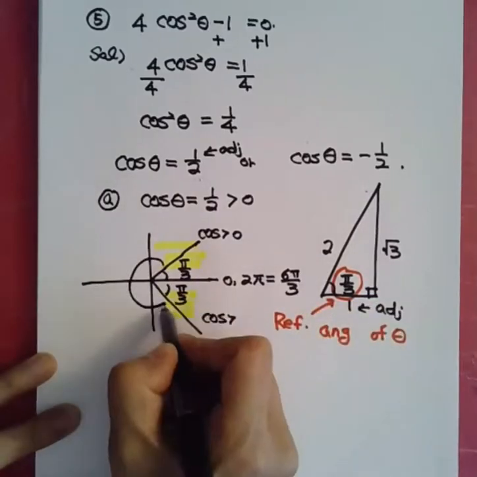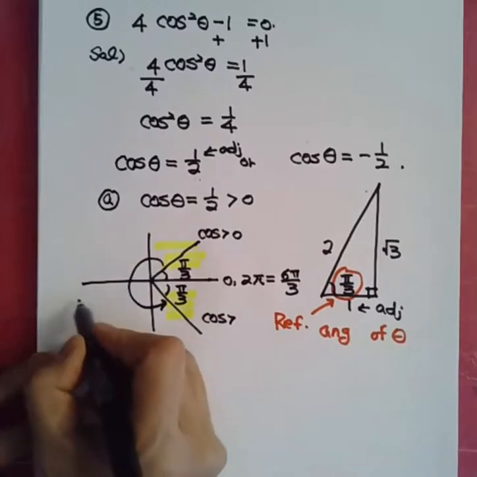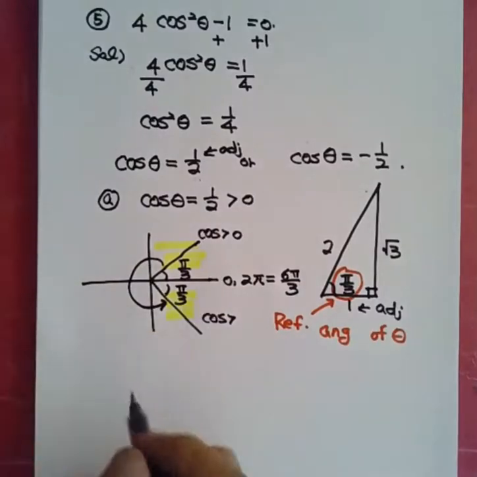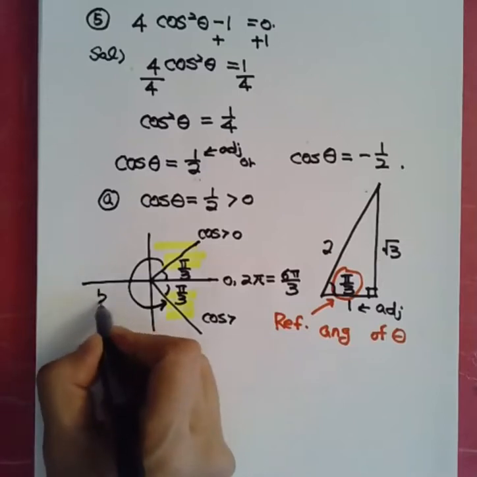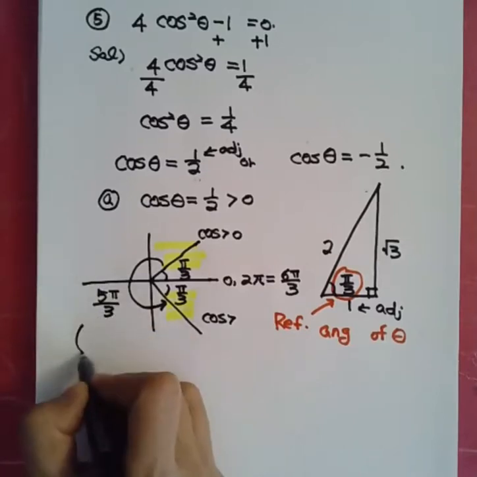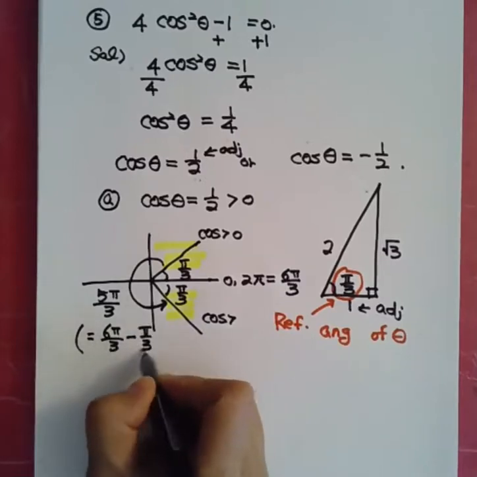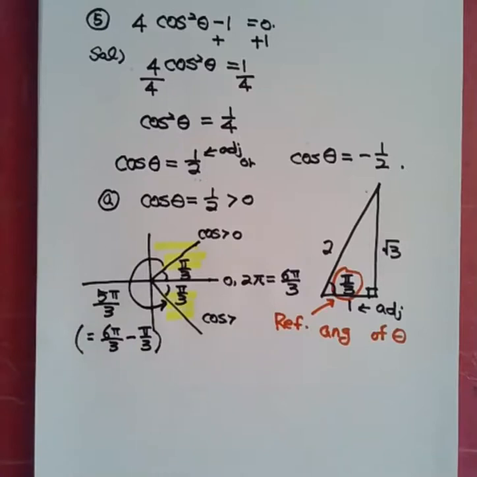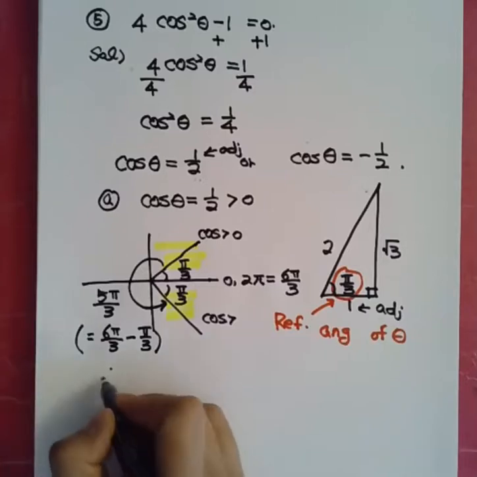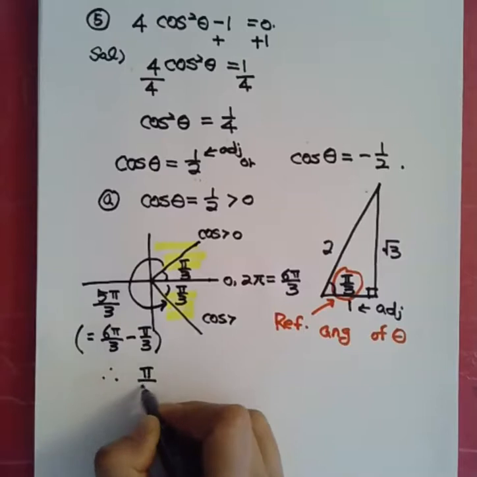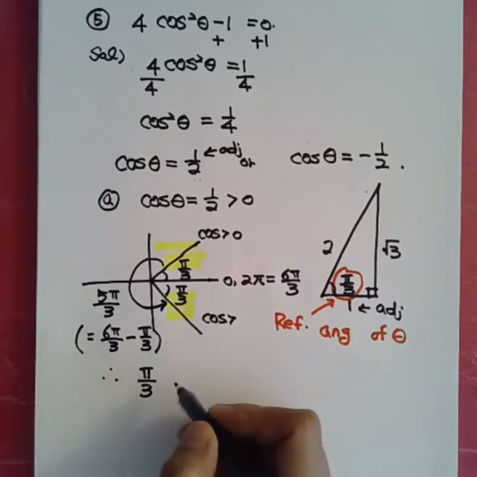So this angle is 6 pi over 3 minus pi over 3, which is 5 pi over 3. So we have two solutions between 0 and 2 pi.